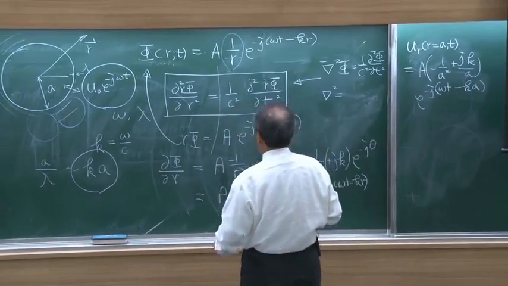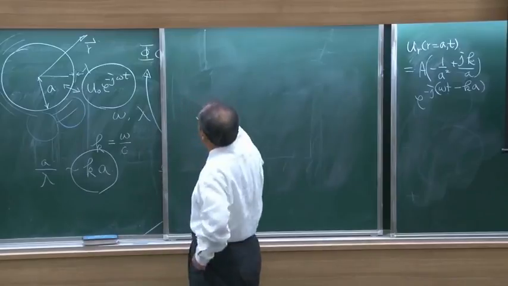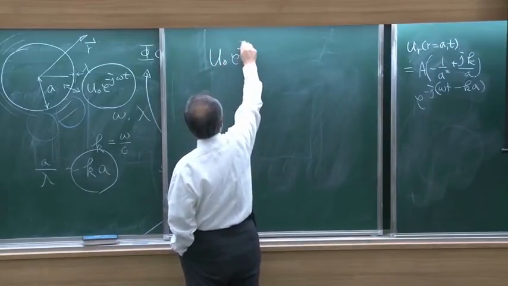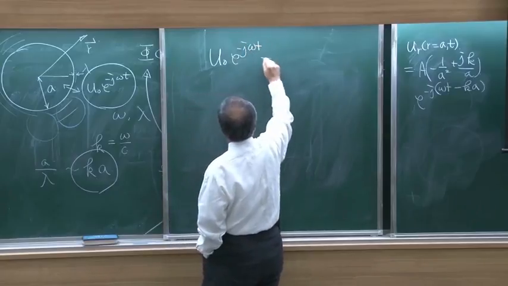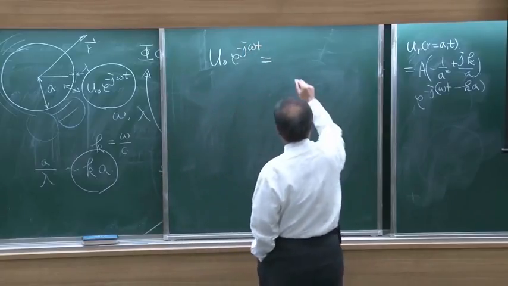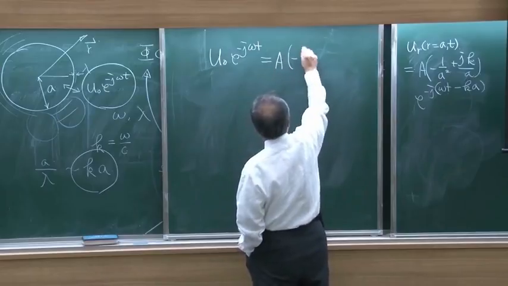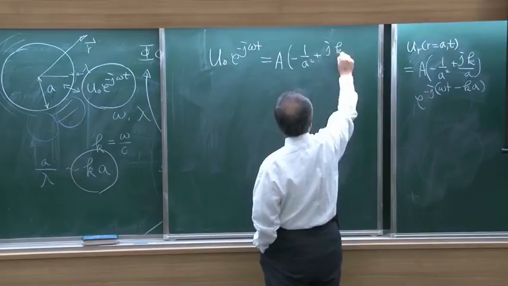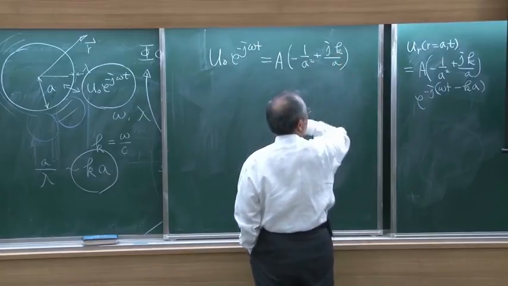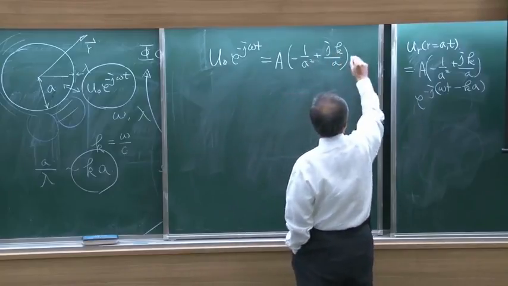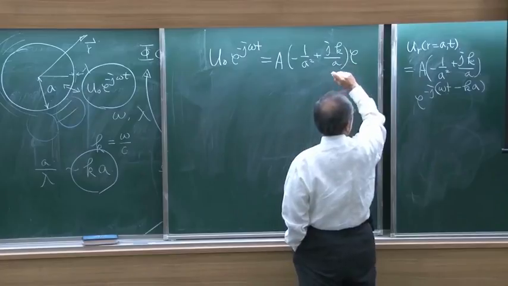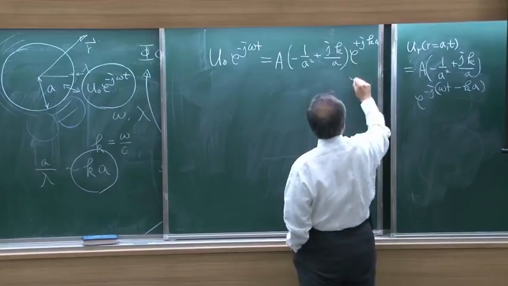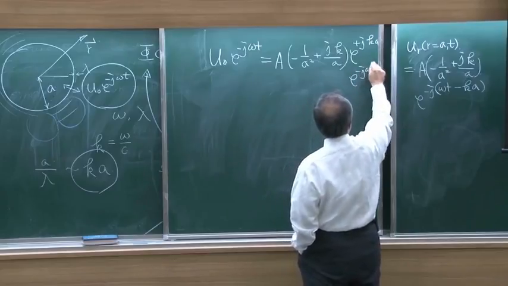So what I can do here, u0 exponential minus j omega t has to be equal to A minus 1 over a square plus jk over a, exponential plus jka and exponential minus j omega t.